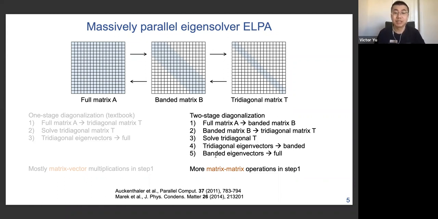But in a typical DFT simulation, maybe we only compute all the occupied states plus a few empty states, which means maybe, let's see, half of the eigenvectors, which makes the back transformation of the two-stage algorithm less expensive.